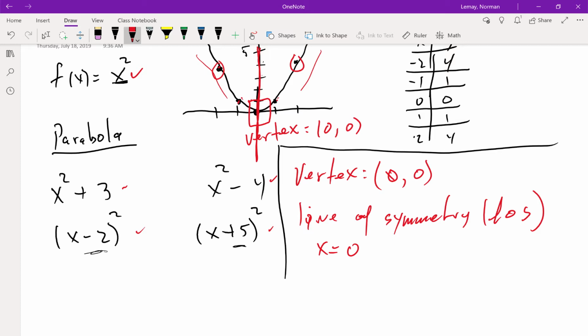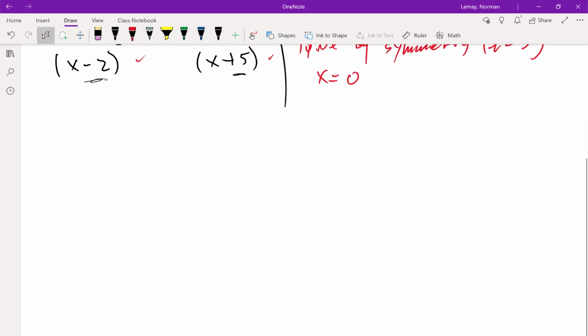The idea is that you're going to expand this to other types of what we call a basic library of functions. So not only are you going to look at x squared, but you're going to look at absolute value of x, square root of x, cube root of x, 1 over x, and a few other ones. So knowing what these parameters do to the graph of x squared will definitely translate over, and you'll see it again next semester when you take your college algebra course.